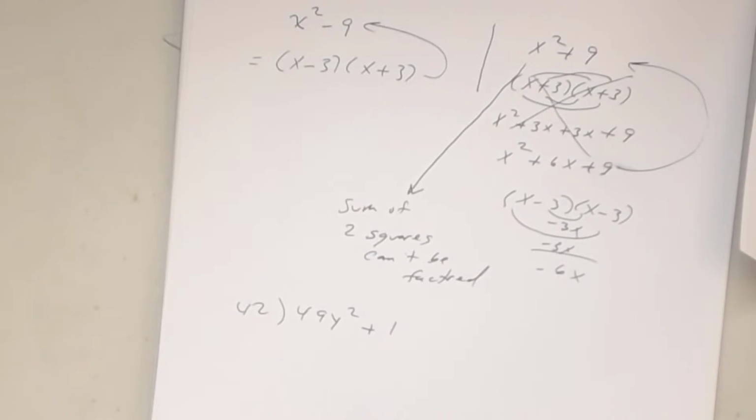Okay? So is that the sum of 2 squares? Yes. And the reason we want to ask yourself that is because there's also something called the sum of 2 cubes. The sum of 2 cubes can be factored. Sum of 2 squares cannot be factored. Okay? So is this the sum of 2 squares or the sum of 2 cubes?